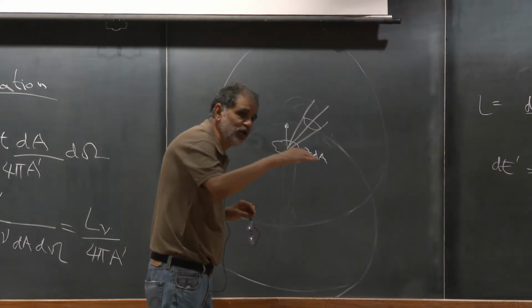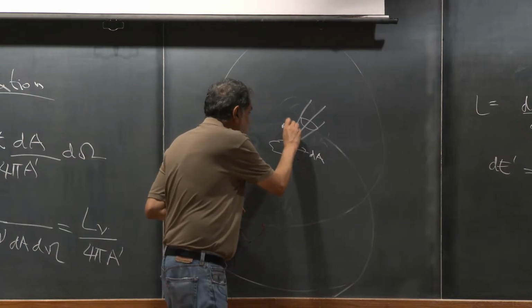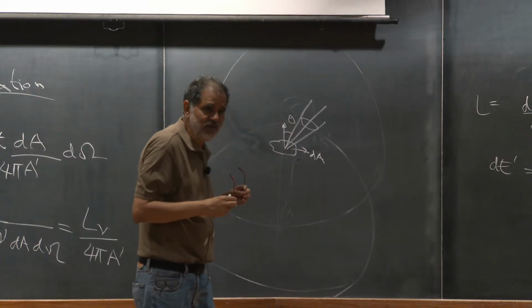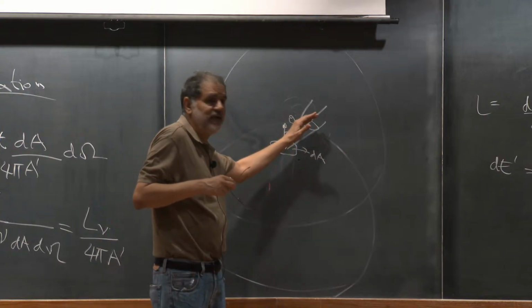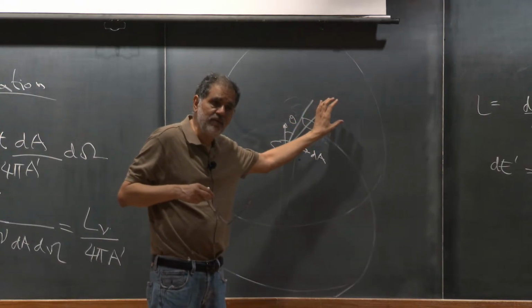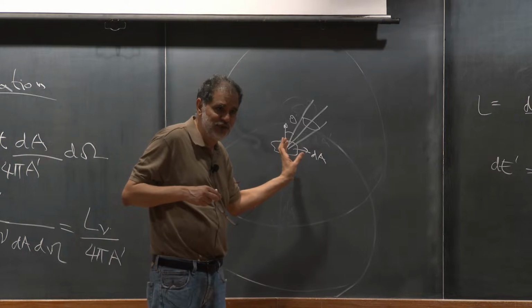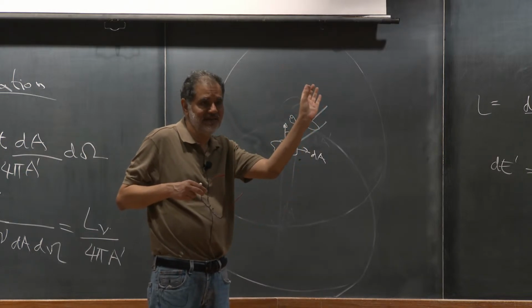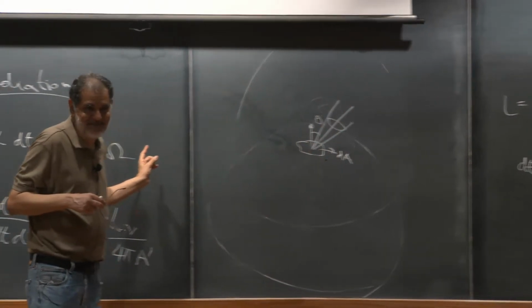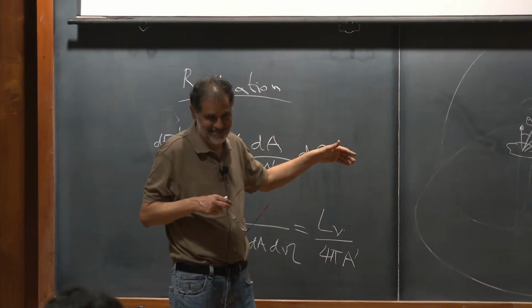So you see my point, it is not normal, and this is the angle theta, with respect to the direction on which the solid angle is. So solid angle is arbitrary with respect to the area. It is not assumed that the area and solid angles are aligned. I have assumed it, but it is not needed in the description.